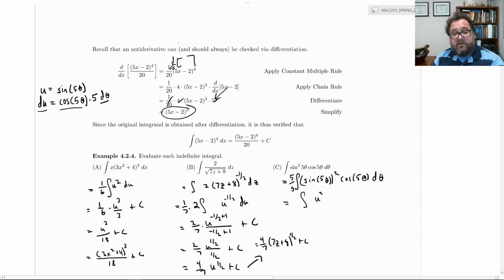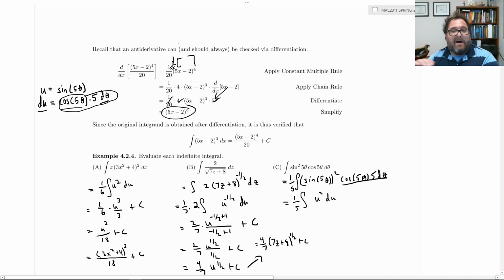Now, if we put a 5 over 5 there, I can factor in 1 over 5, I can factor in 5 over 1, and in fact, I'm going to factor in the 5 on the numerator, because if I do that, I can place a constant 5 right there, and now I know I have cosine 5 theta times 5 times d theta, and I know that all of that can be replaced simply by du. And let's not forget the 1/5 out front, that sticks around.